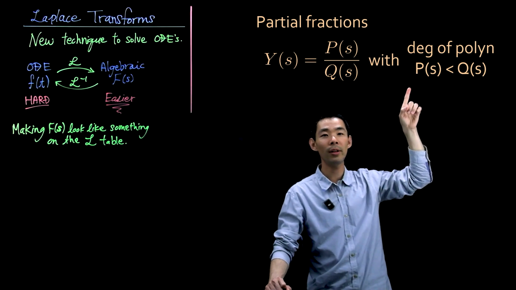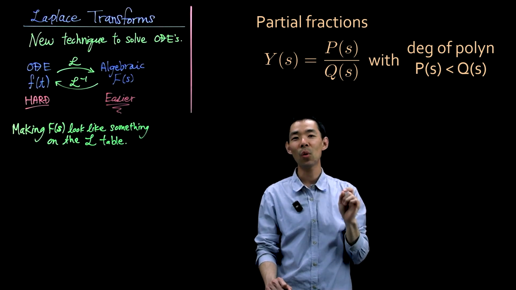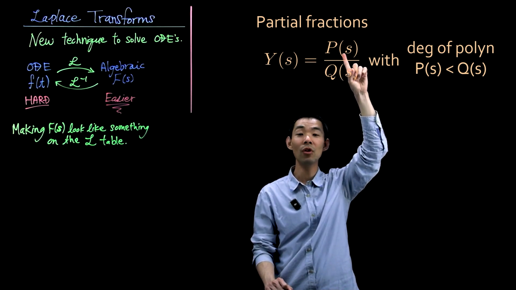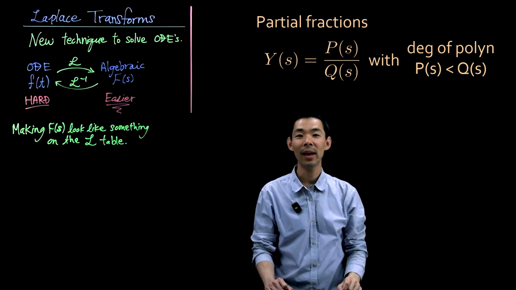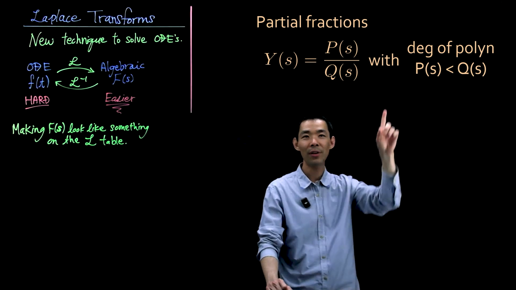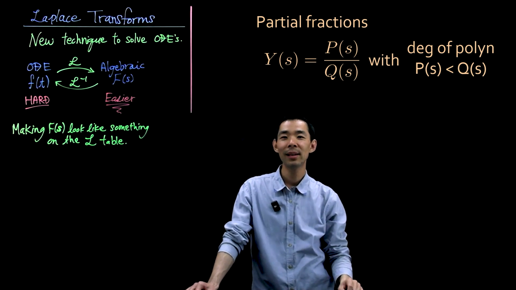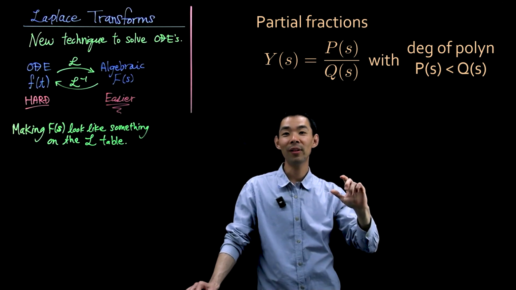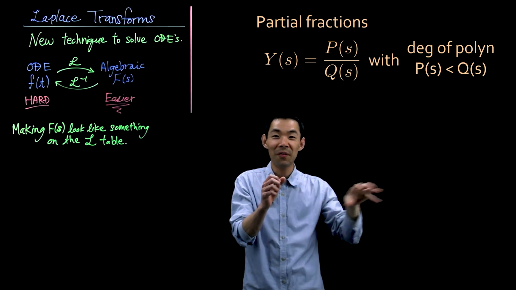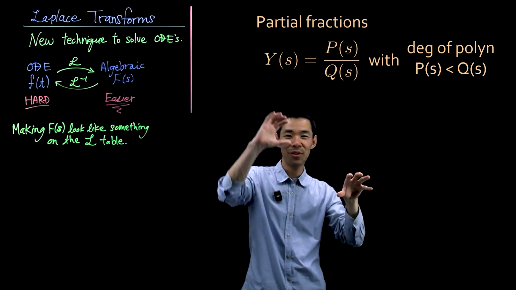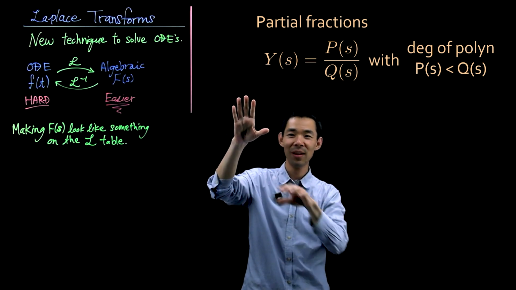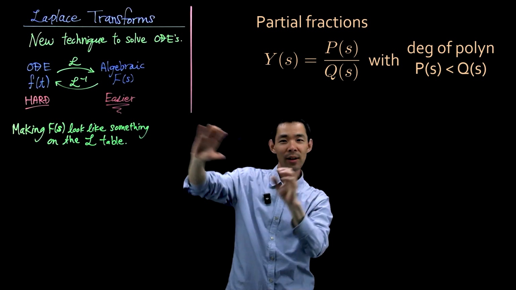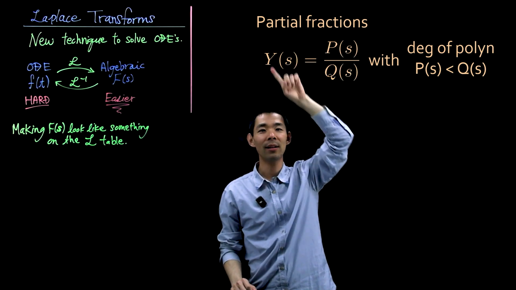So the degree of polynomial indicates the highest order of the polynomial term inside each of your numerator and denominator, P and Q. And in many situations, you're going to have numerator P be less than that of Q. If that were not the case, if the degree of polynomial of P were larger, you could just divide it out. You could just divide out your numerator, which might be s to the 5th, bottom might be s cubed. You can actually take that first term out such that you can preserve it back to this form again.